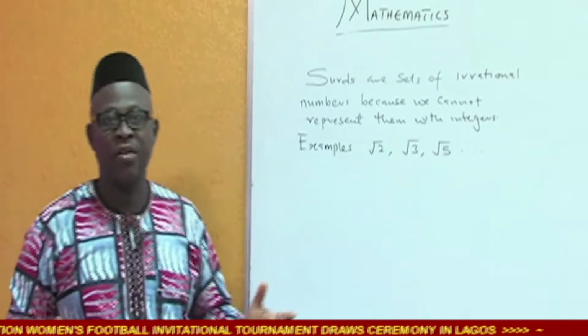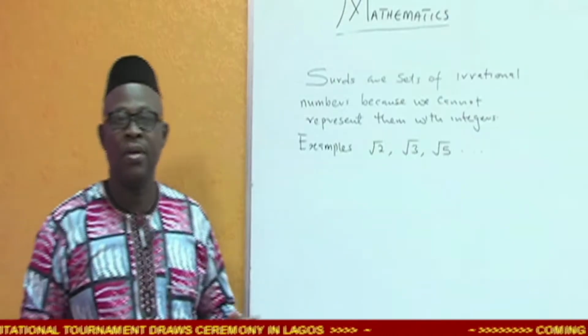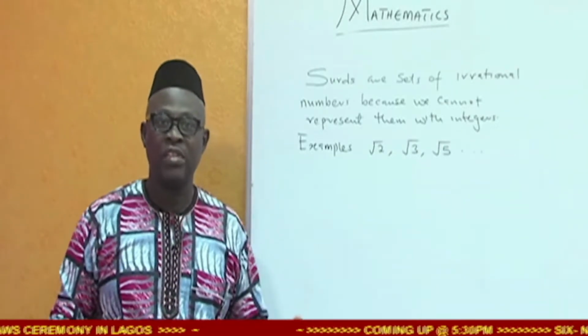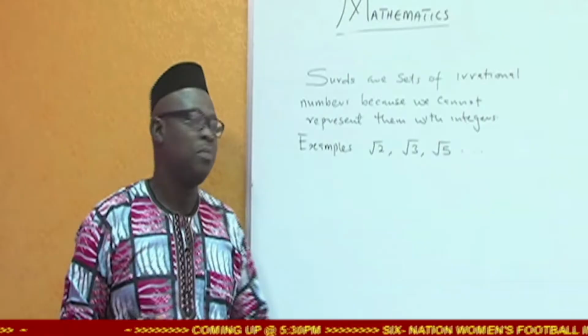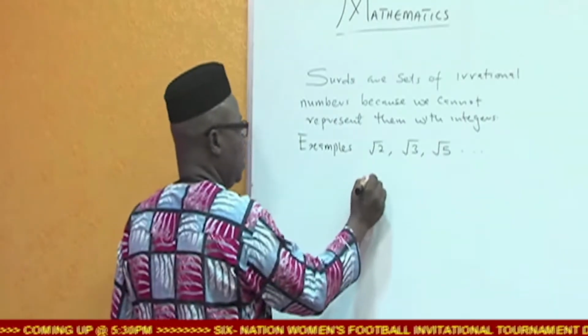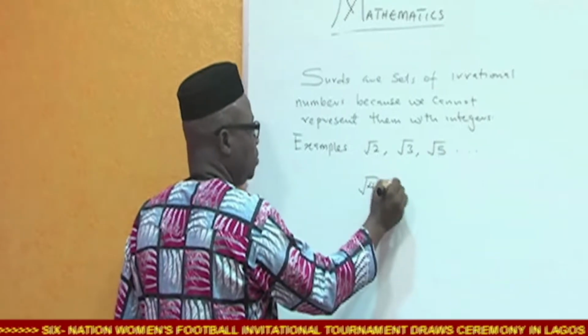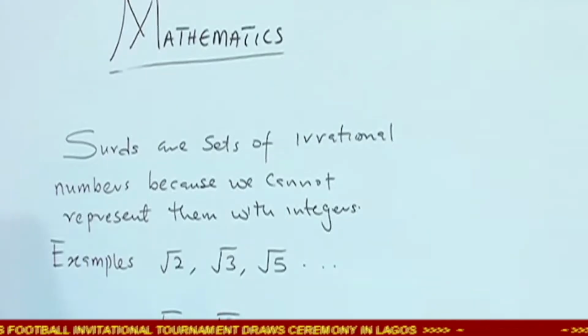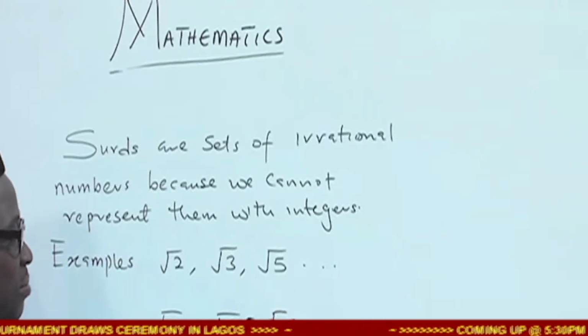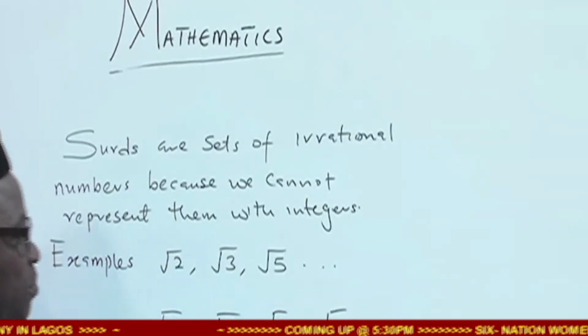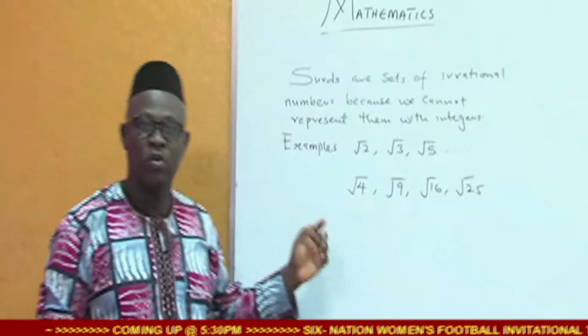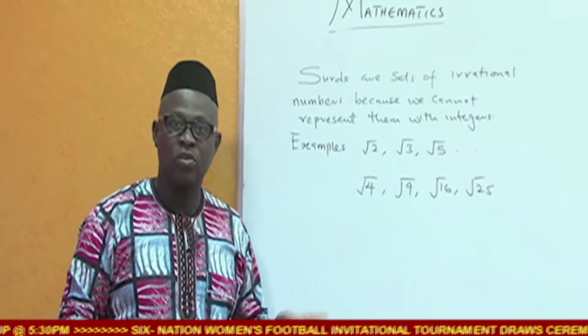But we have another type that will have the square root sign, but they are not surds. Examples are, if we have root 4, root 9, root 16, root 25. If you look at all these ones on the board, they are not surd.